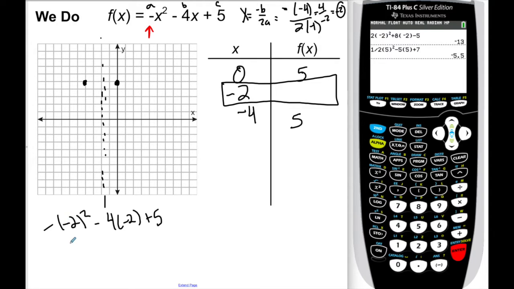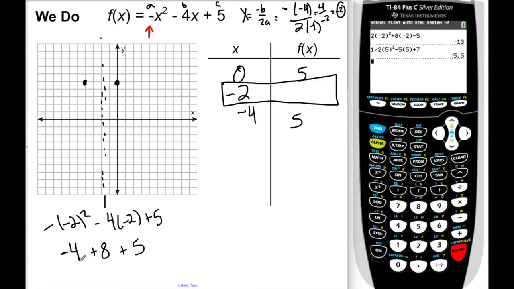So first you square, which gives you 4. But this is a minus, an opposite, so it becomes negative 4. Here you have minus 4 times negative 2, so a negative and a negative gives me 8, and then I add 5.